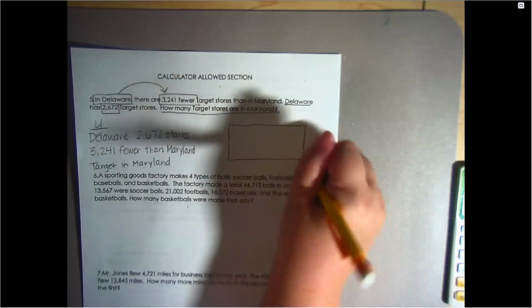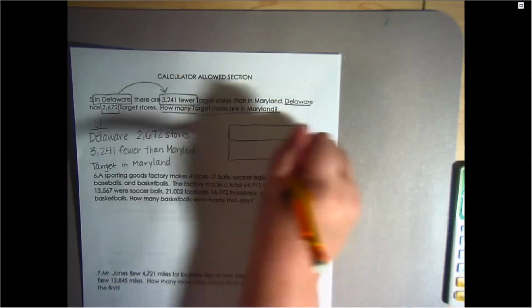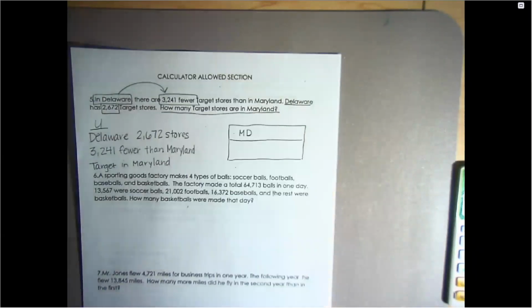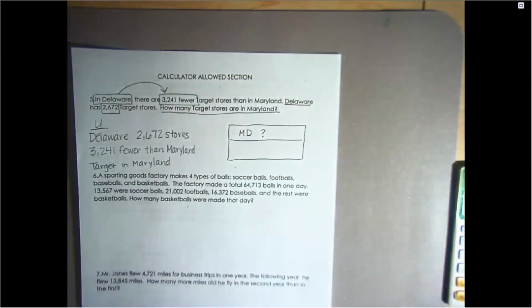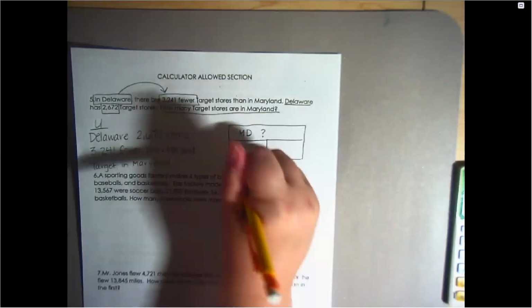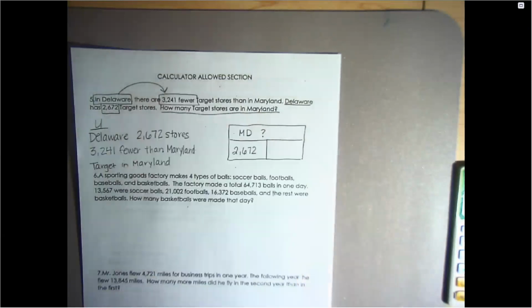So I know that I want to find a total. I want to find the number of stores in Maryland. I don't know what that answer is. I do know that Delaware has 2,672 stores, and that is 3,241 fewer than Maryland.